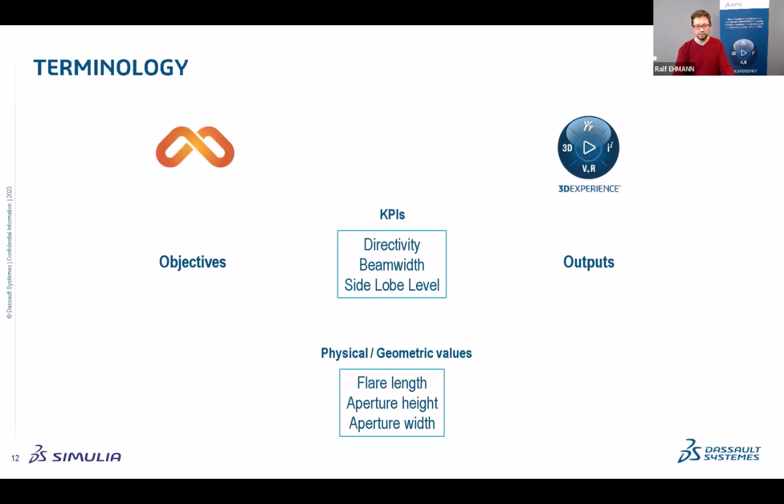The physical or geometric values which describe your antenna, in this case, the flare length, aperture height, aperture width, are called parameters in Antenna Magus, but on the 3DEXPERIENCE platform, they're called inputs. I'll try to stay consistent from now on using inputs and outputs, but in case I change these terms, don't be confused.